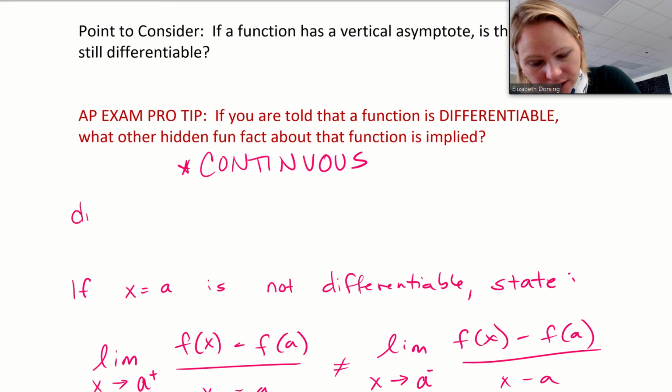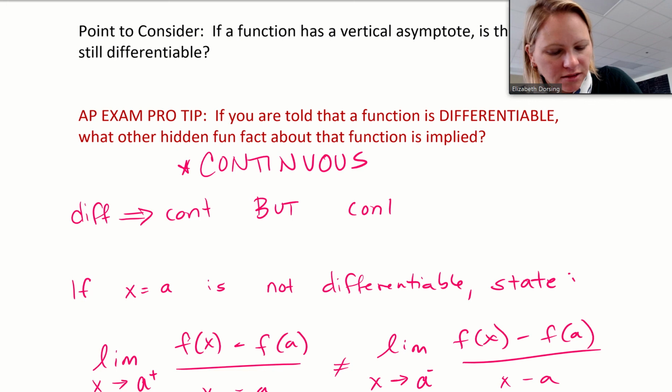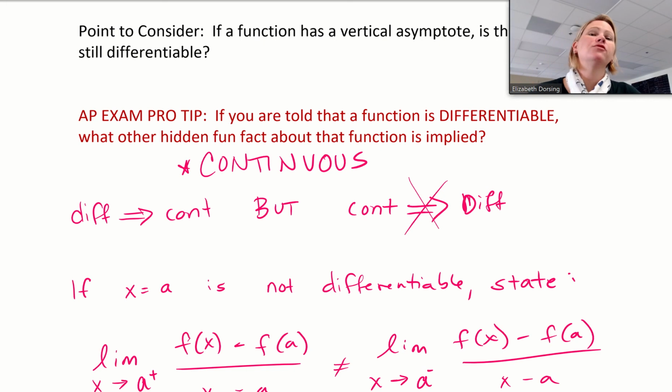So differentiable implies continuity, but continuity does not imply differentiability. It's a one-way street. If you're differentiable, you must be continuous. But just because you're continuous, like the absolute value function, doesn't mean you're going to be differentiable everywhere.